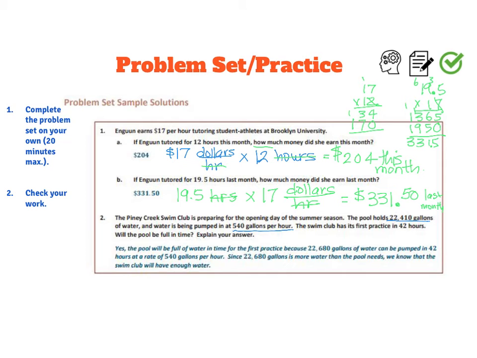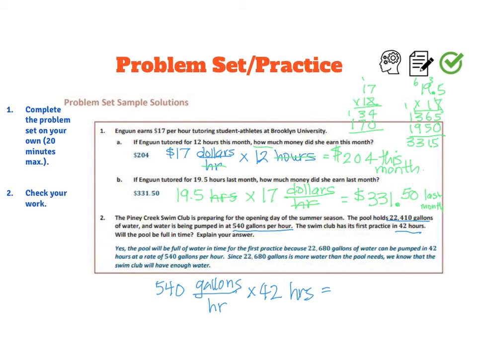So let's see. We've got 540 gallons, and that's for every hour, right? And then we're checking in 42 hours, is the pool going to be full?